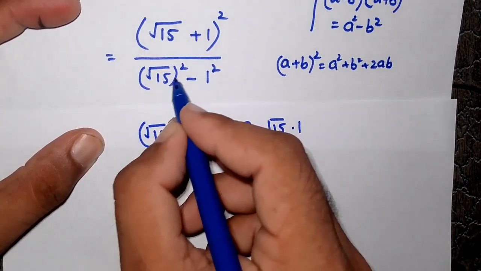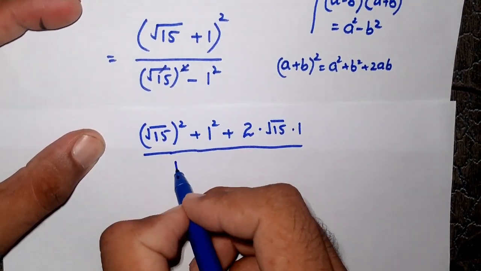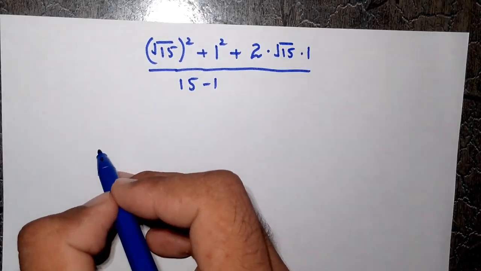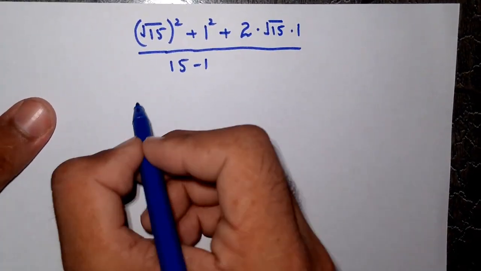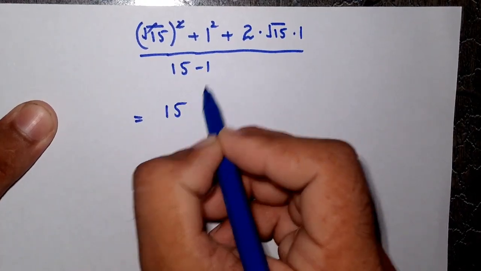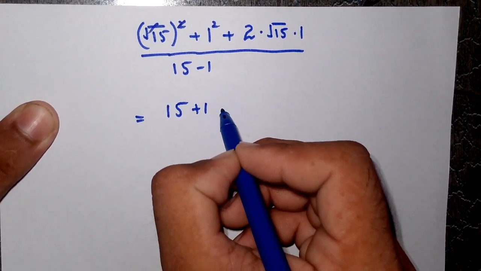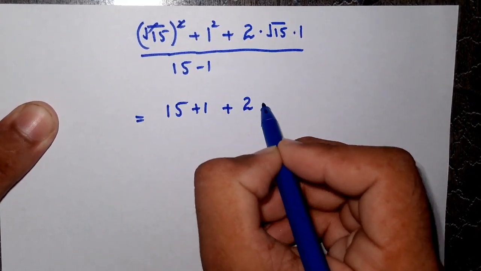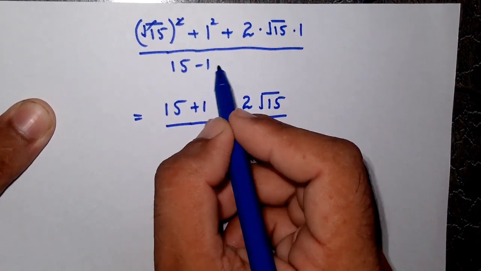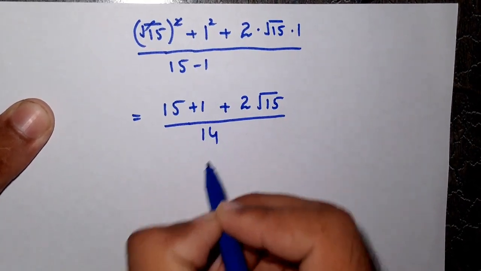Over here this 2 cancels with this square root, so here 15 left minus 1. Now in the next step, 15 left, here plus 1 plus 2 times square root of 15 over 15 minus 1 is equal to 14.